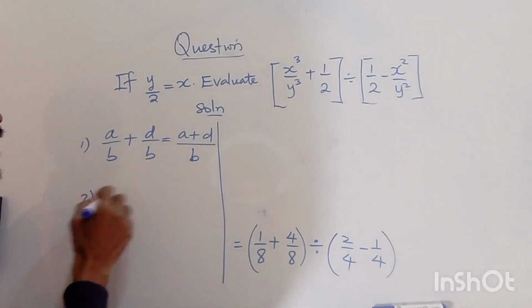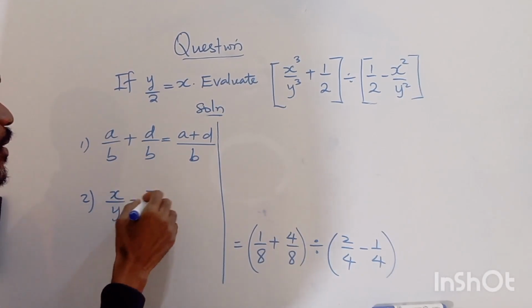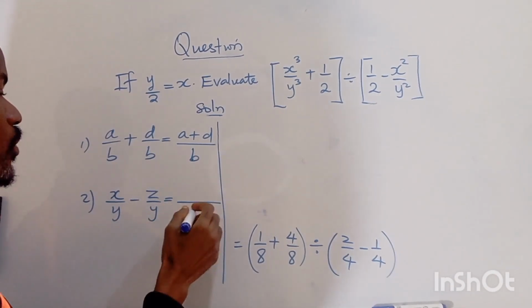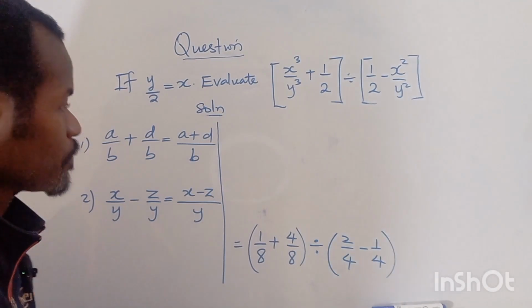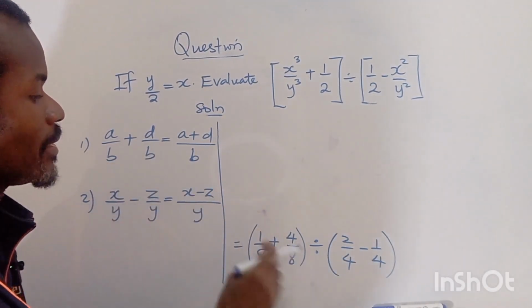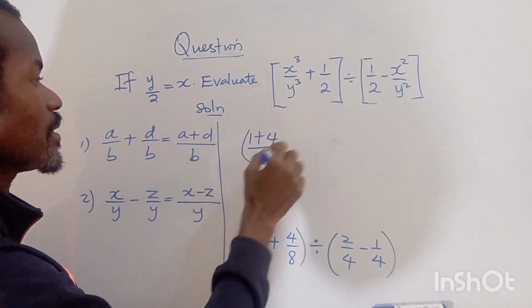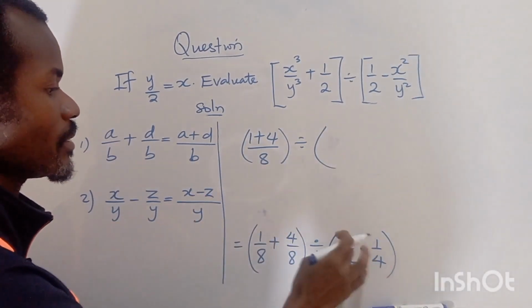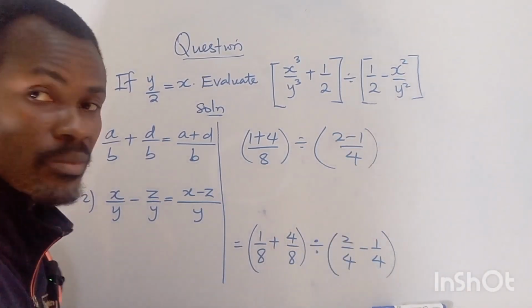So if we have x over y minus z over y, we can also write this by bringing down one of these and we subtract the top. So this we are going to apply here. So 1 plus 4 divided by 8, divided by, we are going to use this for this, 2 minus 1 divided by 4.